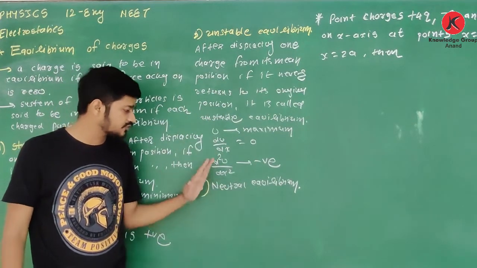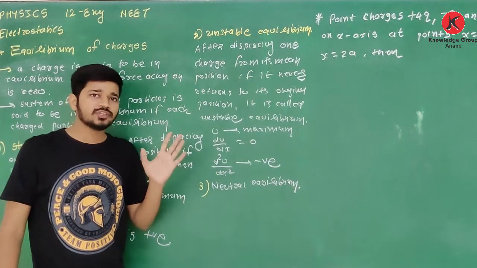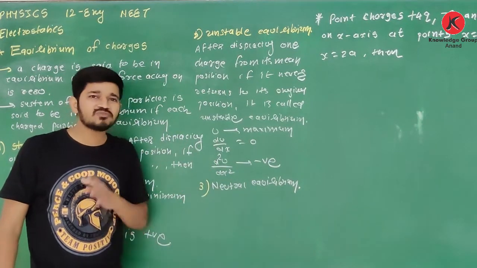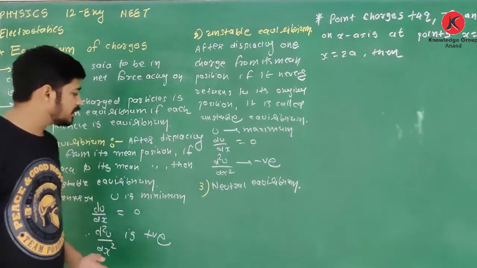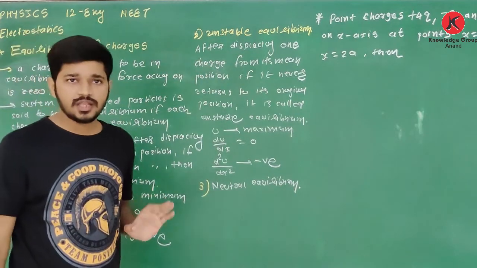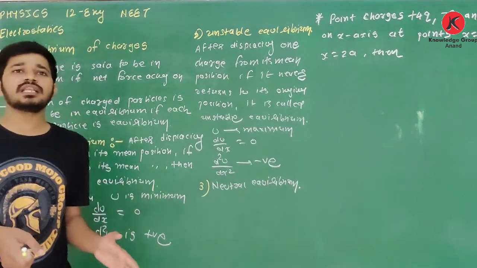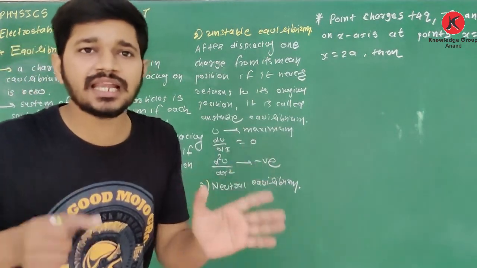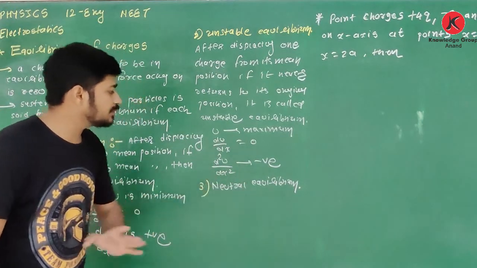But what is the meaning of neutral equilibrium? After displacing one charge from its mean position, if it neither returns nor moves away, means it stays at its position, it does not change its position, then it is called neutral equilibrium.